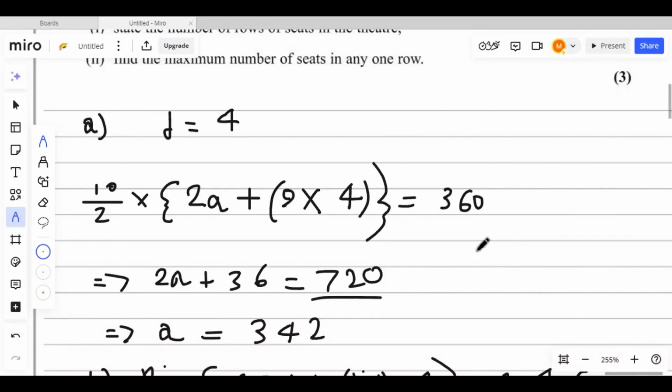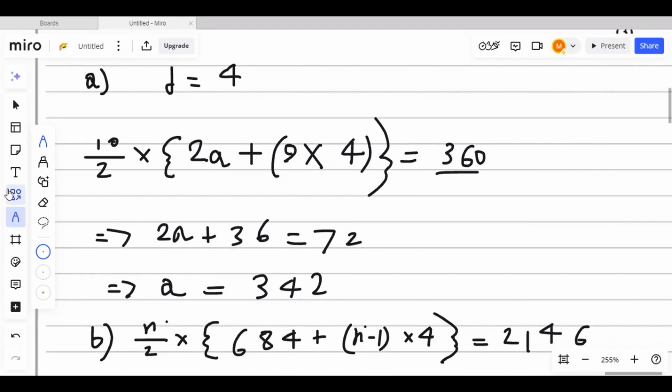Okay, 360 is being multiplied by 2. No, it should be divided by 5. The mistake happened there. It was 10 over 2, this is 5, so 360 over 5, this is 72. So the value of A would be what? 18.